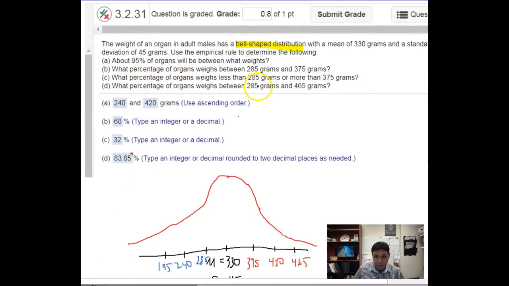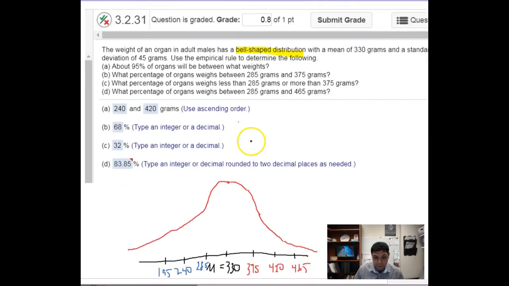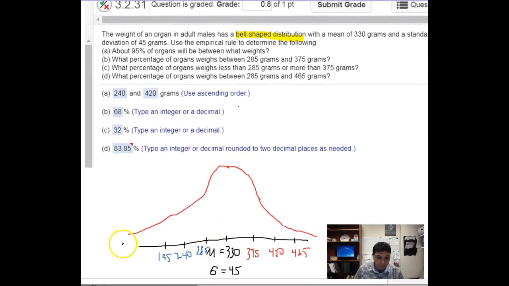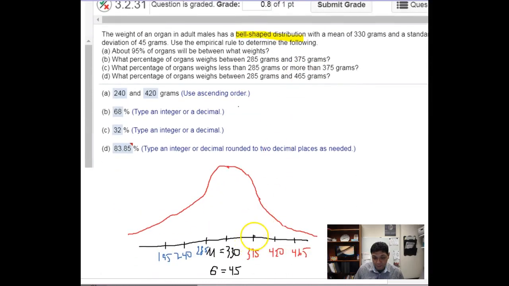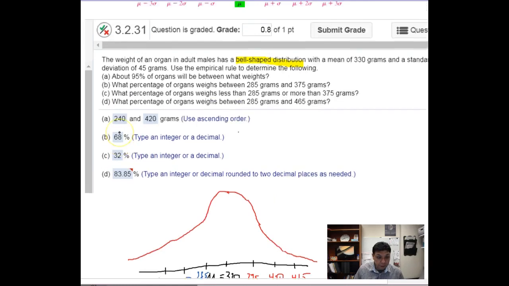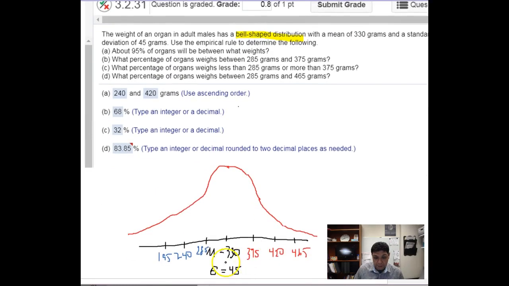What percentage weigh less than 285 or more than 375? We're looking at the outer sides. That becomes 32%, because in between these two is 68%, so the leftover is 32.